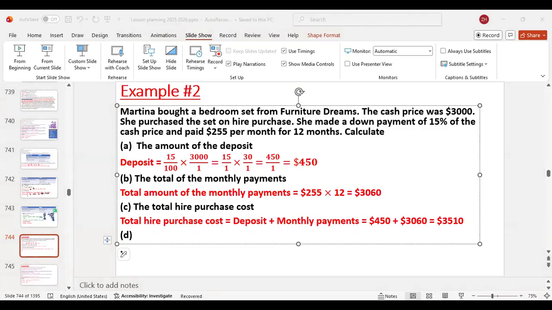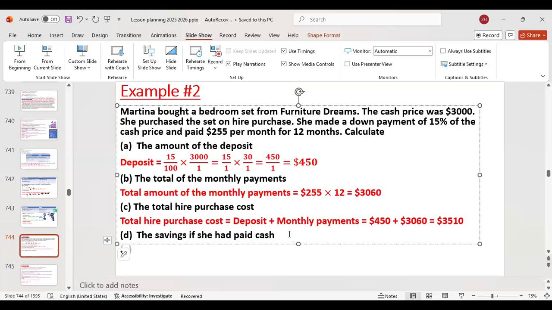Part D says the savings if she had paid cash.